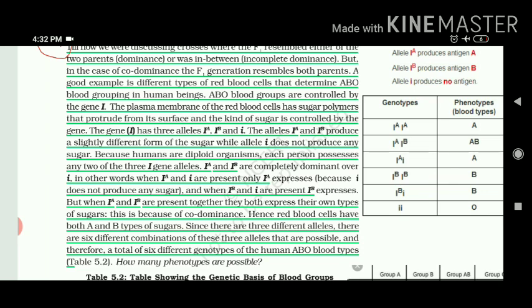So let's study Table 5.2, which shows the genetic basis of blood groups, responsible for O and AB blood groups acting as universal donor and universal recipient respectively.